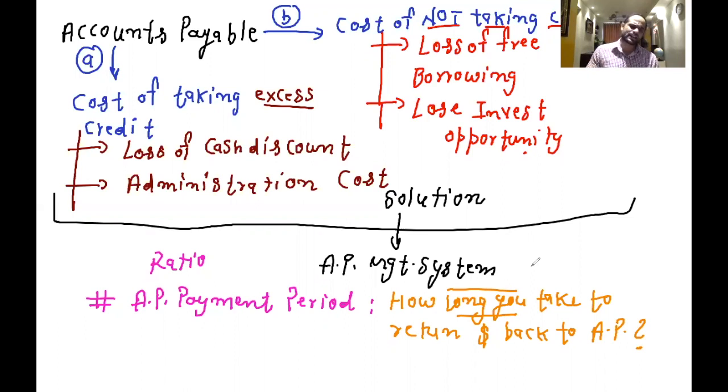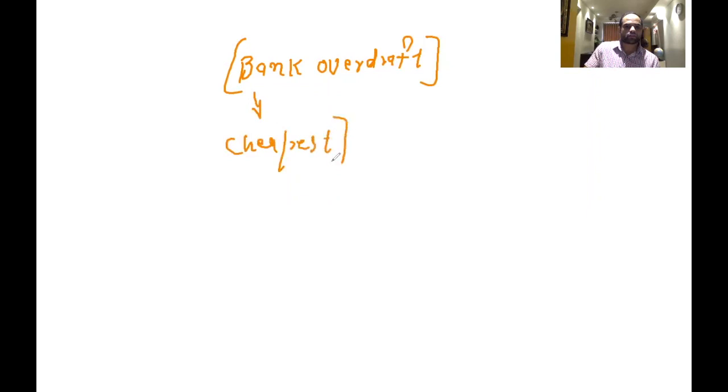You have one more element left, which is bank overdraft. We may not discuss it here because compared to the other elements, this element is the cheapest. So we may not discuss any kinds of cost or management.